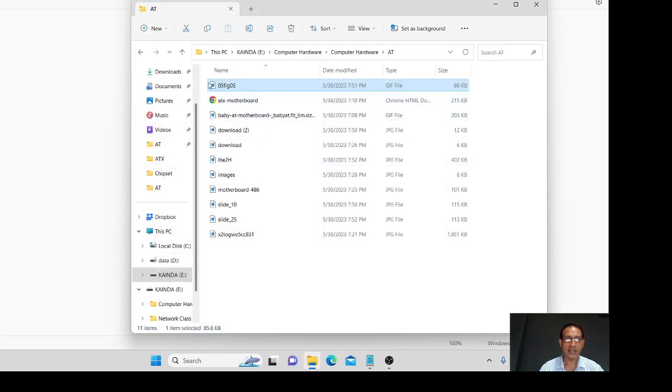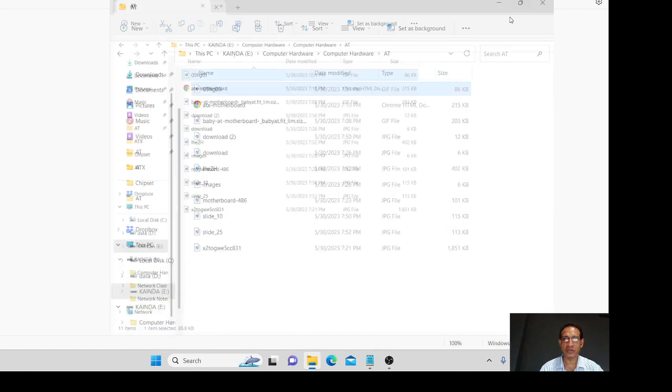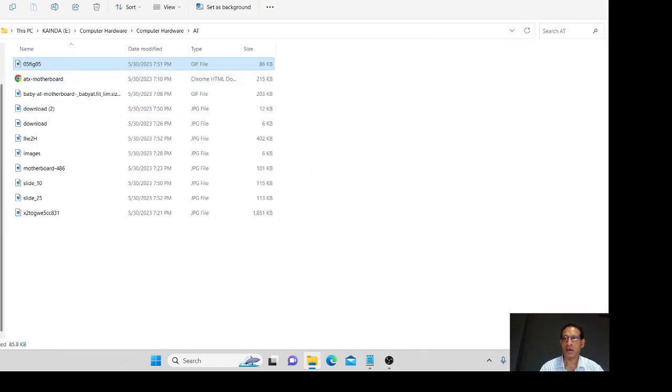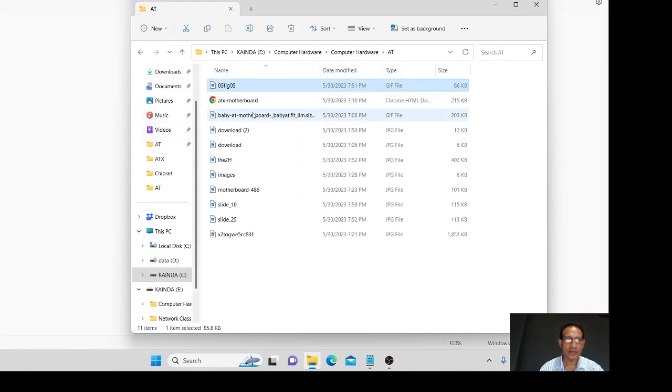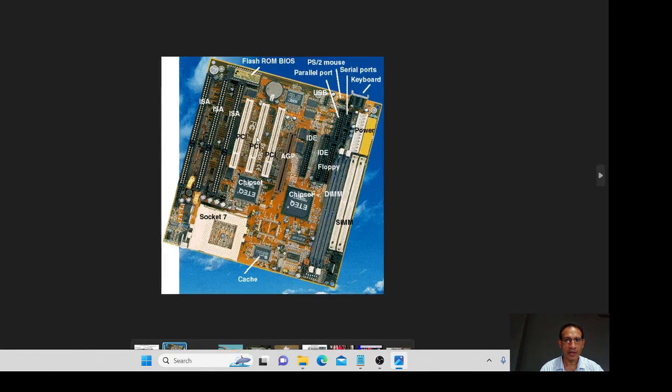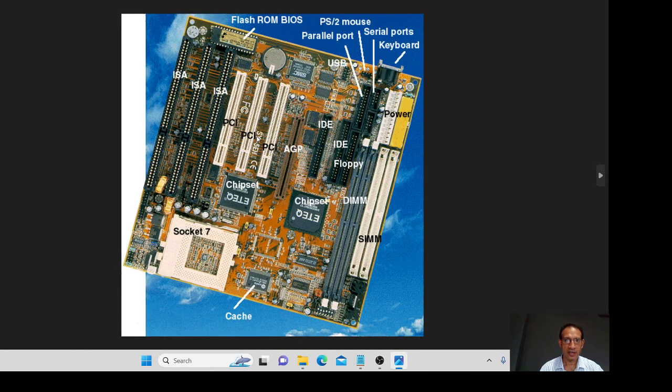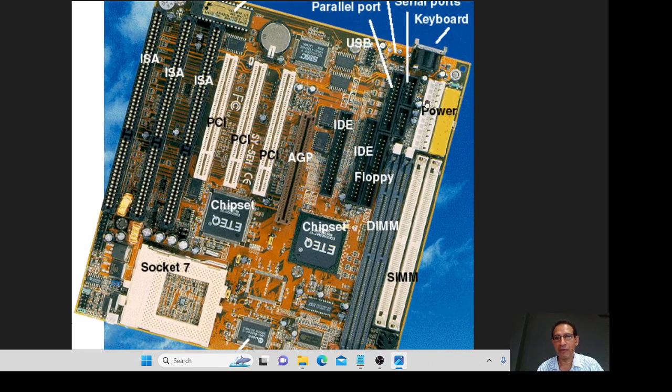When you look at some pictures of the motherboard, here is a motherboard with an inbuilt power supply with AT P1 and P2 connectors.